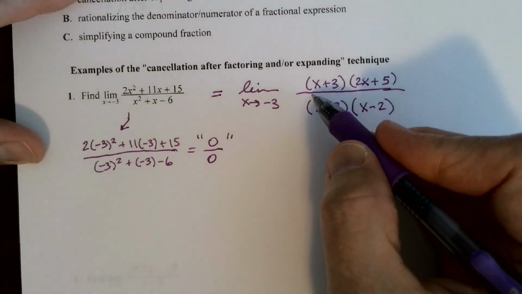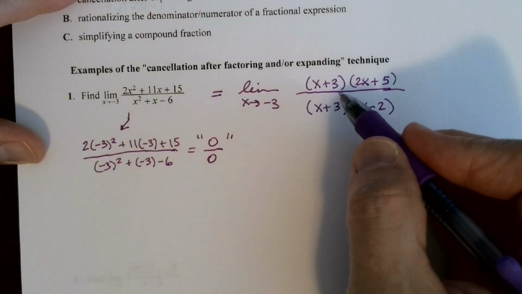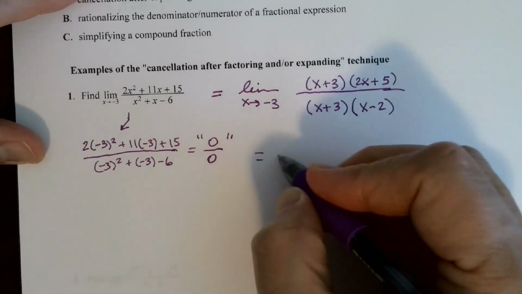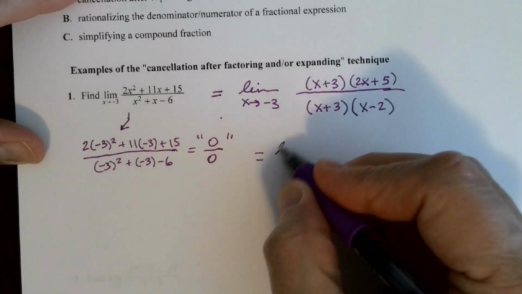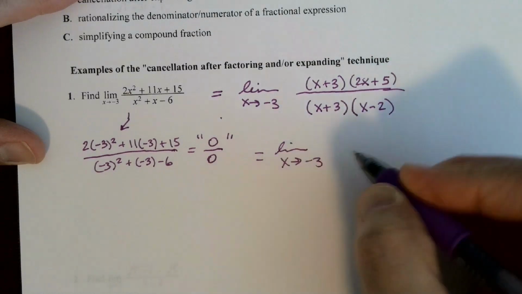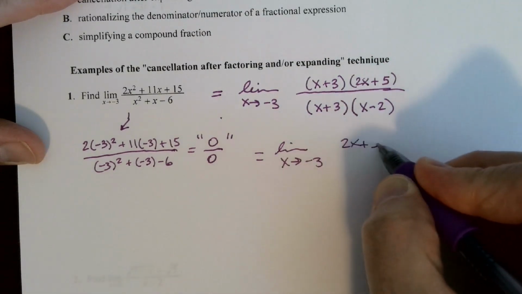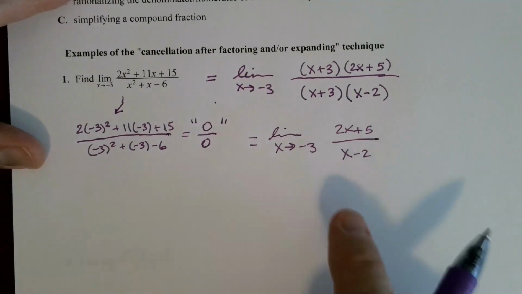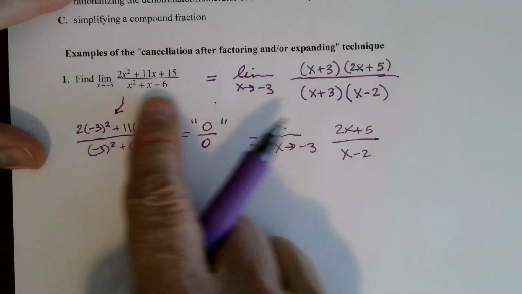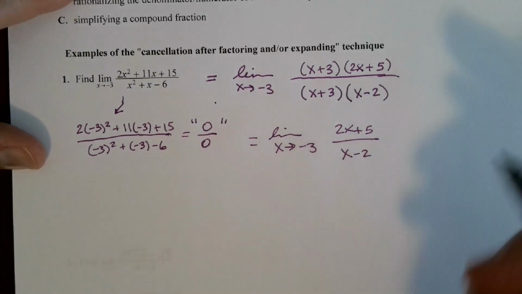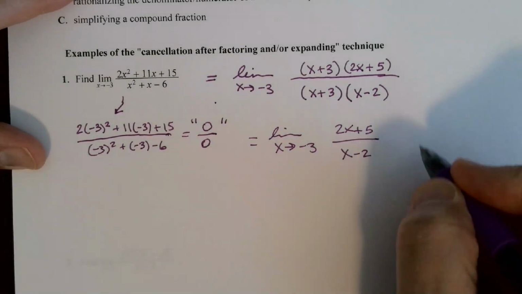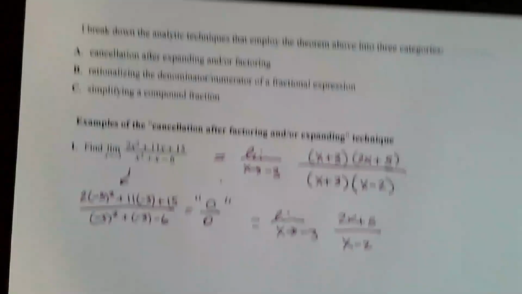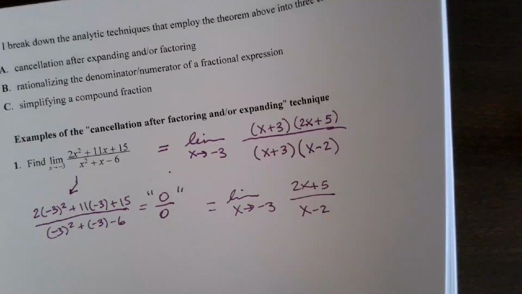So now, this x plus 3 factor and this x plus 3 factor will cancel. It's equal to 1. And I'm just left with 2x plus 5 over x minus 2. And now, right, these are equal. I don't need to exclude x from being -3 like I did in the previous example, right?